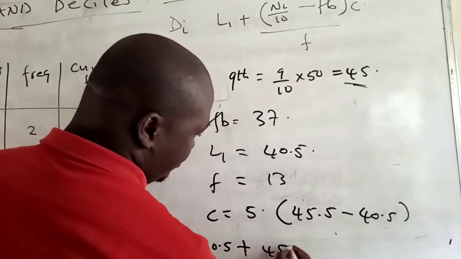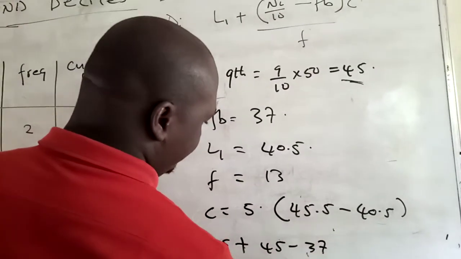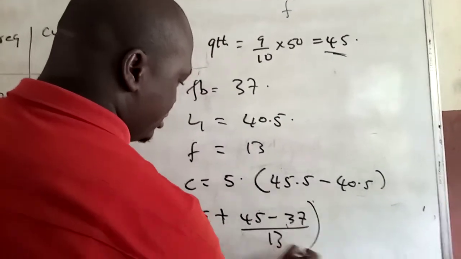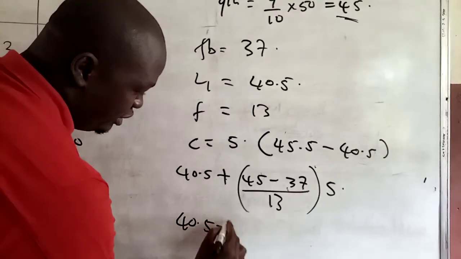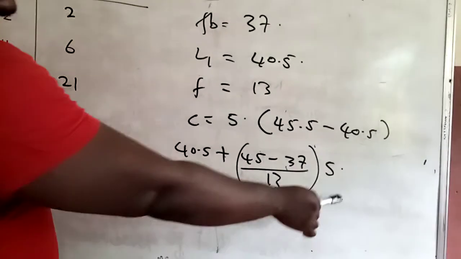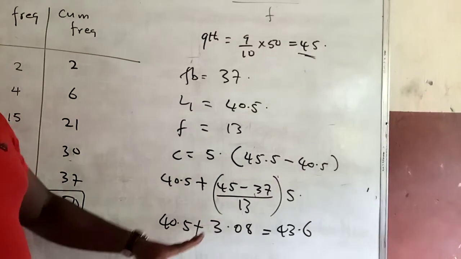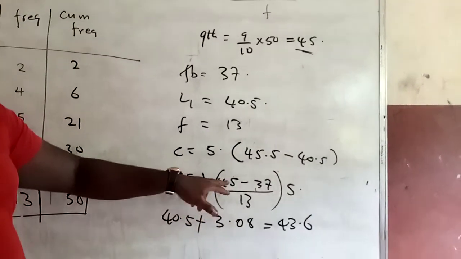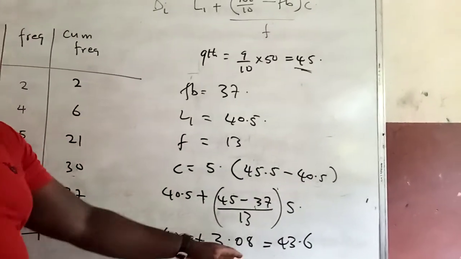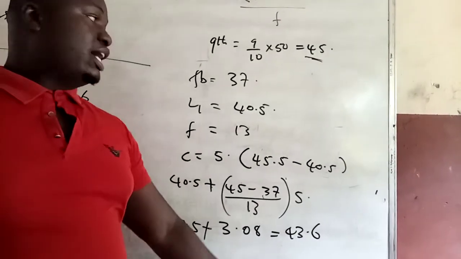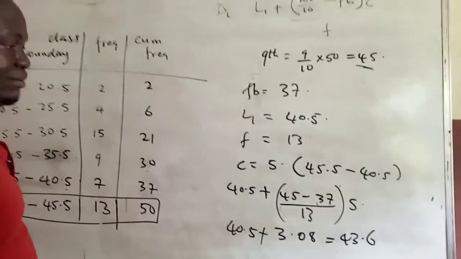So you have 45 minus FB, and our FB is what? 37, divided by 13 times 5. So this is 40.5 plus 45 minus 37 divided by 13 times 5, which should give you 3.08. If you add everything together, you're going to get what? 43.6. Now, please remember our assignment, finish it up.